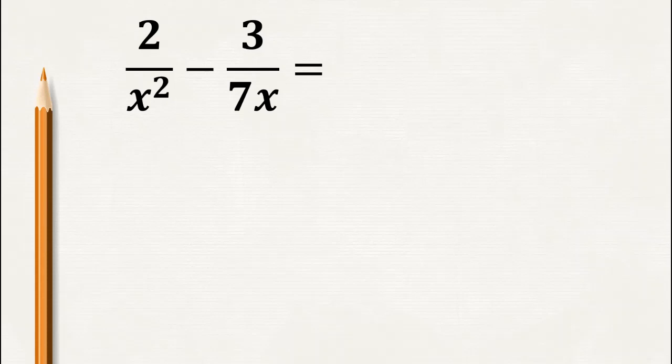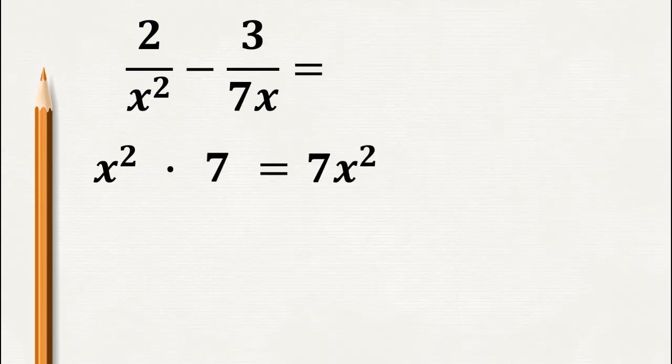Variable x has the highest power of squared. Therefore, we will get the highest factor x squared, then multiply it to 7. Therefore, the LCD is the product of x squared and 7, and that is 7x squared.